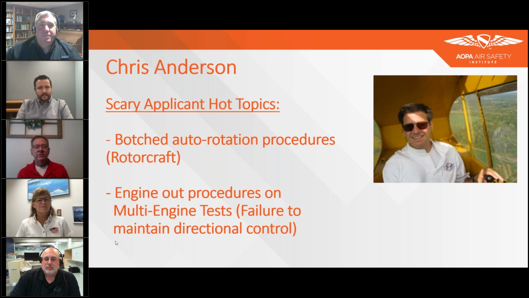Both of my two things here, the auto rotations and the engine out procedures, fall under the same thing, and that's failure to fly the aircraft or maintain control of the aircraft. In the auto rotation, probably the biggest thing that raises concern for me is how they enter it.